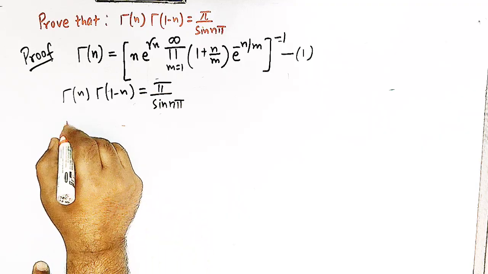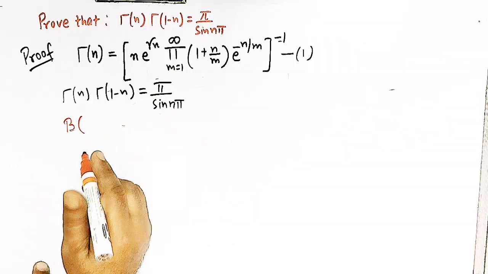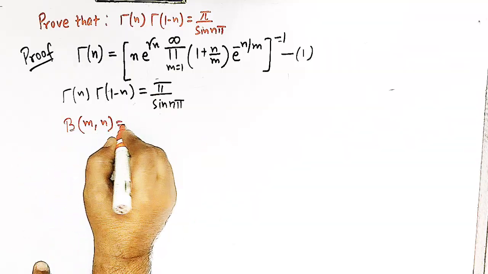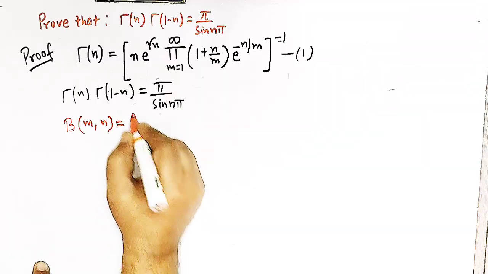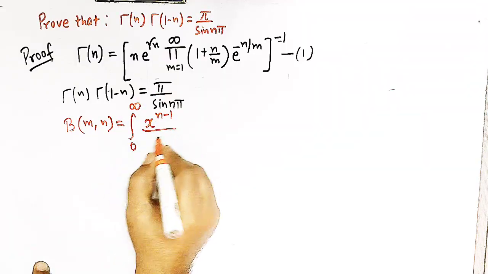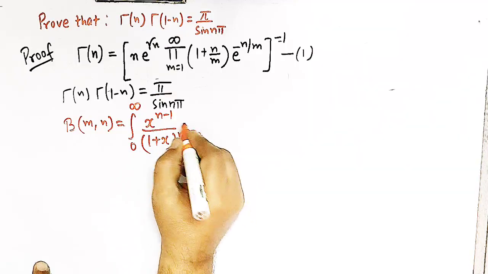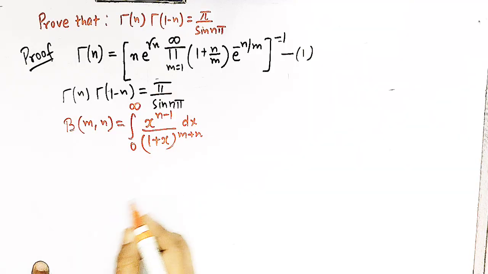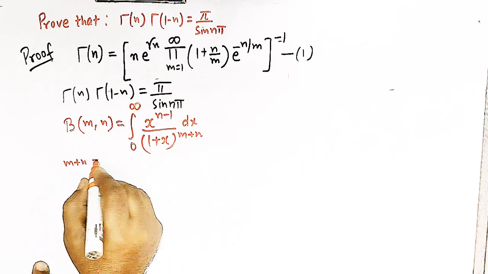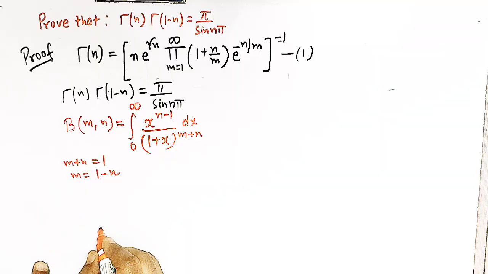So let us start with this integral which is equal to the beta function, that is beta m comma n is given by the integral from 0 to infinity of x raised to n minus 1 over 1 plus x raised to m plus n, dx. Now let us replace m plus n by 1, so that m is equal to 1 minus n, right?